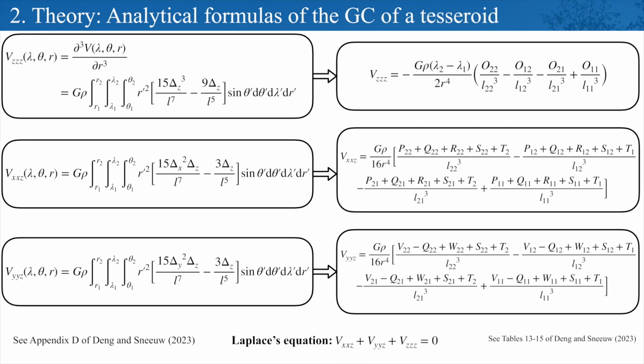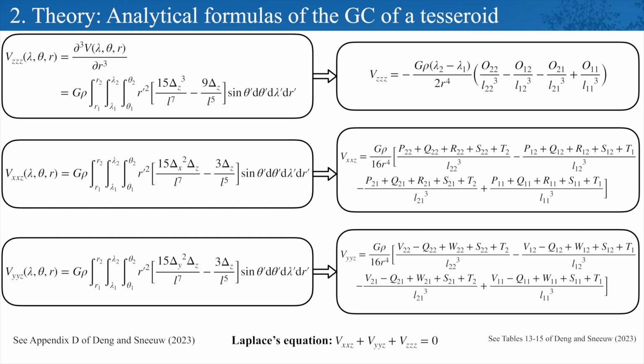The third-order derivatives of the GP are the components of the gravitational curvature, short for GC. Herein, we derived the analytical expressions for 3 GC components, VZZZ, VXXZ, and VYYZ of a tesseroid when the computation point is located on the polar axis.